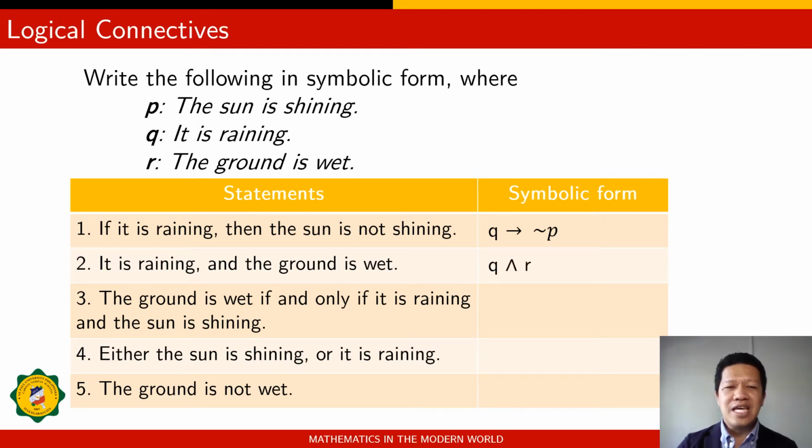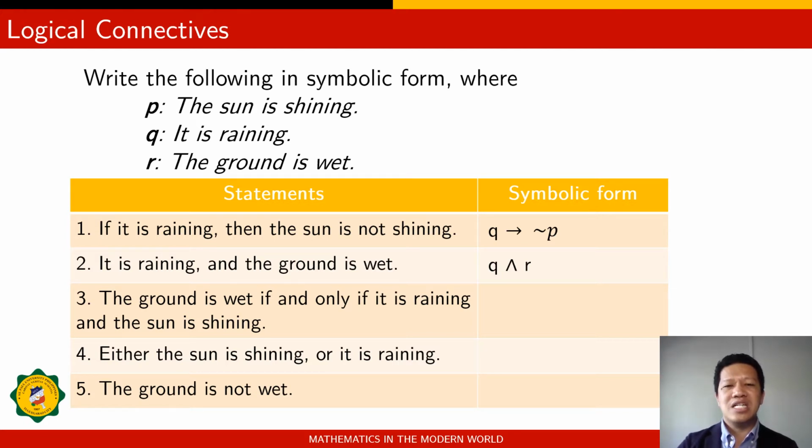For number three, the ground is wet if and only if it is raining and the sun is shining. So this is complicated, or compound. It's a compounded statement, and we use two logical connectives here. We have the if and only if, and the word and.